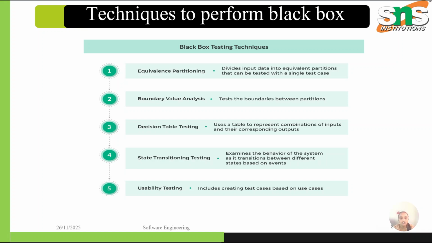Decision table testing uses a table to represent combinations of inputs and their corresponding outputs. The fourth one is state transition testing. It will examine the behavior of the system as it transitions between different states based on events. The fifth one is usability testing. The final one is called usability testing. It includes creating test cases based on the use cases.